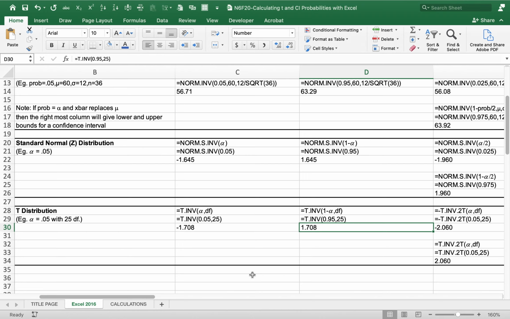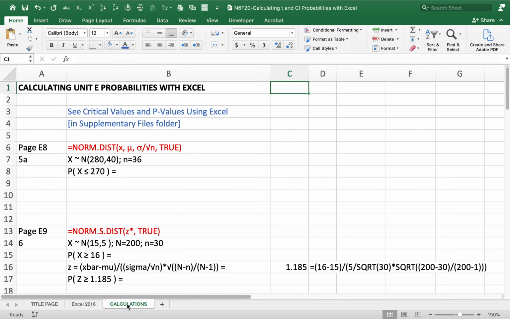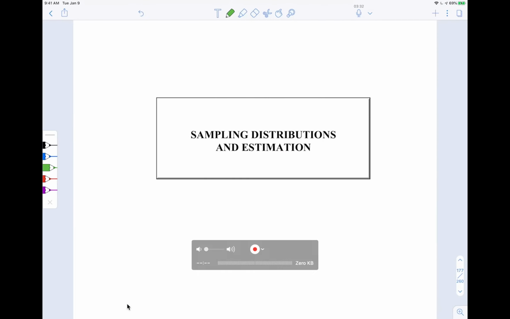All right, let's put that into practice with some of the problems that we were working through in Unit E. I'm going to go to another page, the calculations, and we're going to take a look at calculating the Unit E probabilities with Excel. Again, I'm using this document, critical values and p-values using Excel, the page we just looked at. Let's take a look at E8, and I'm going to take you over to the manual here.